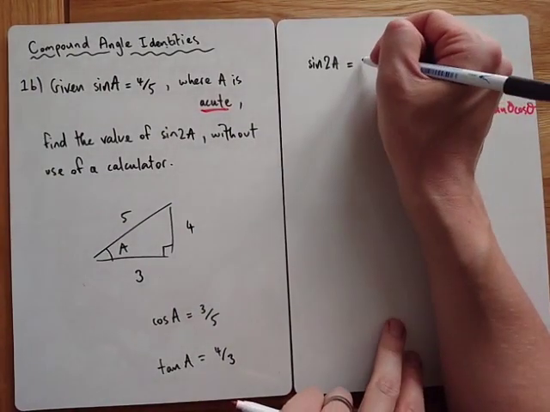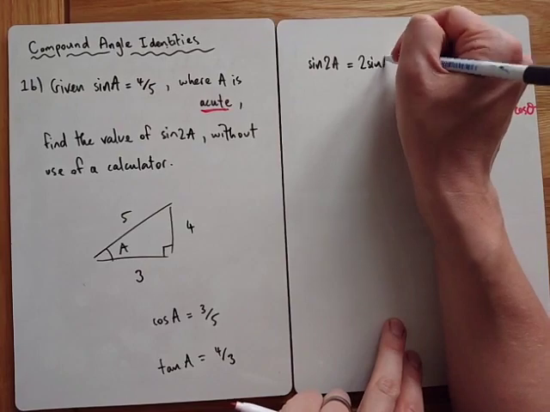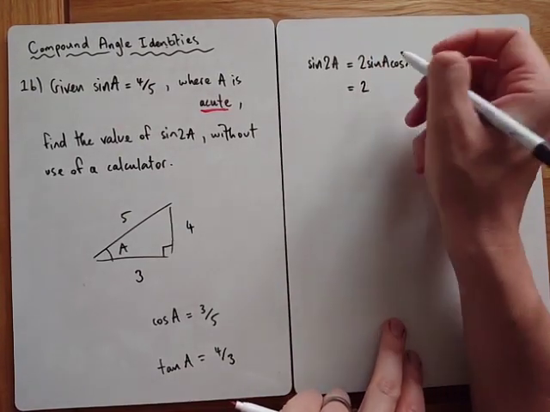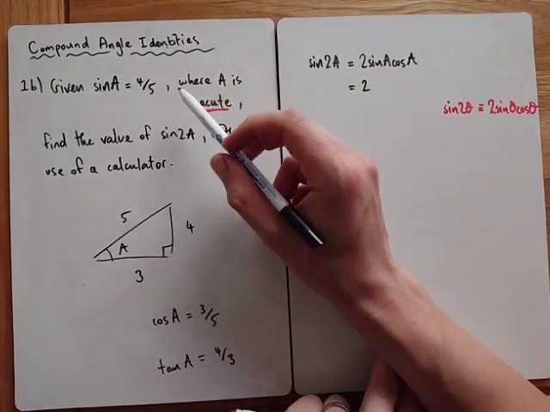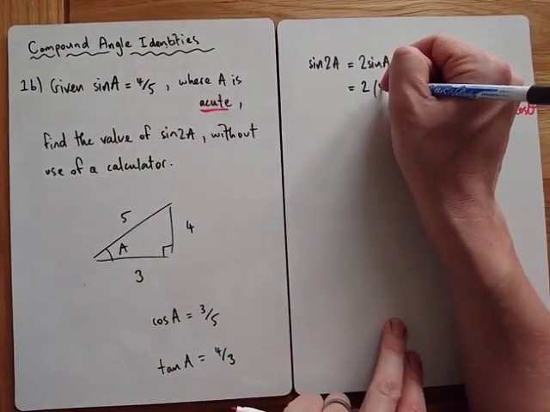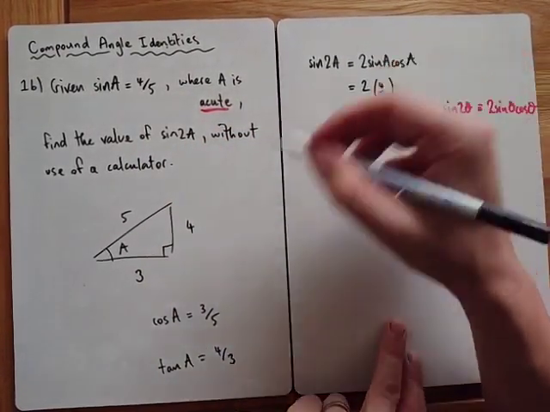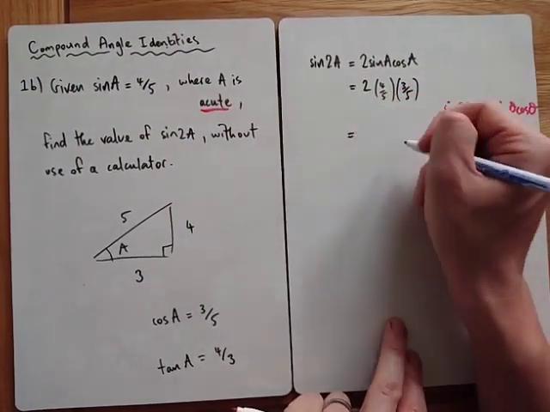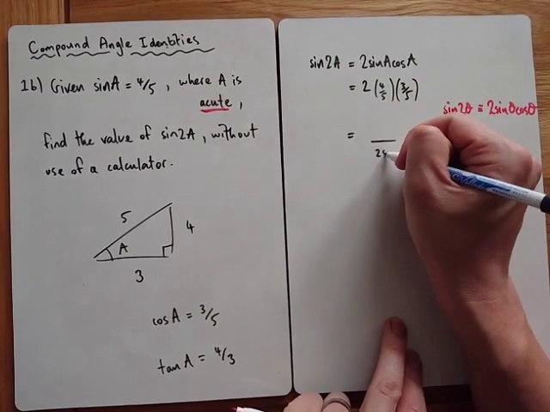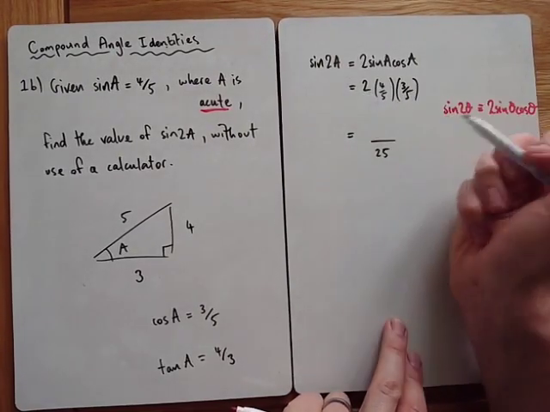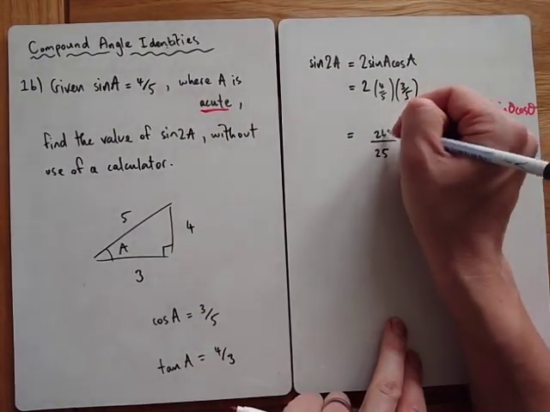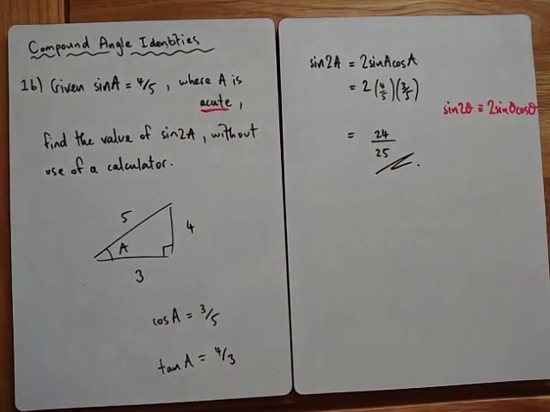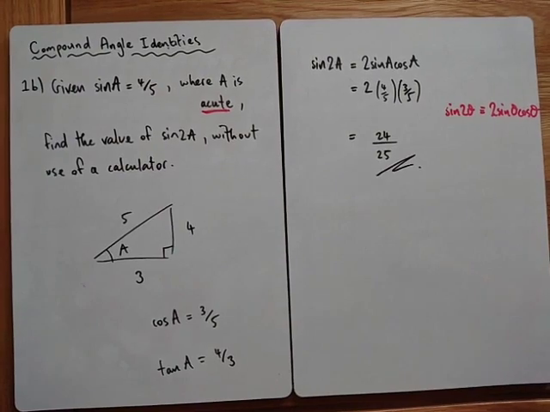So sine of 2A would be 2 sine A cos A, which would be 2 lots of, well, sine of A is 4/5 and cos of A is 3/5. So that would give us 5 times 5, 25, 8, 24. That's 24 over 25, without using the calculator.